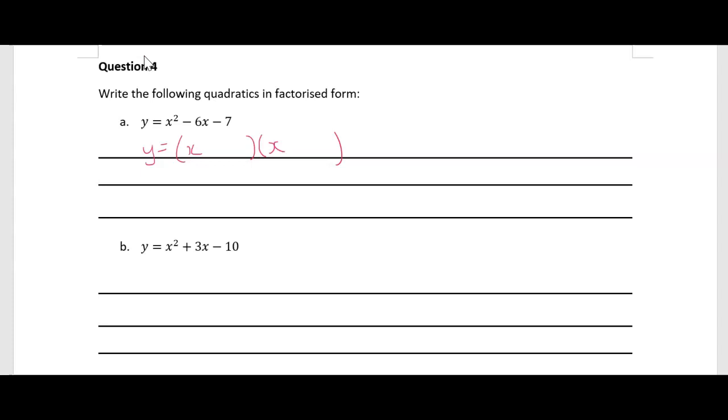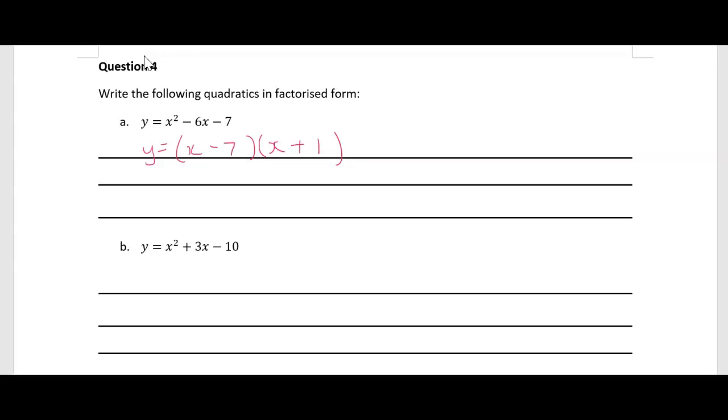And then we need 2 numbers that when multiplied give you -7 and when added give you -6. Now I did put a bit of thought into this before I did this revision. Your 2 numbers are -7 and +1.